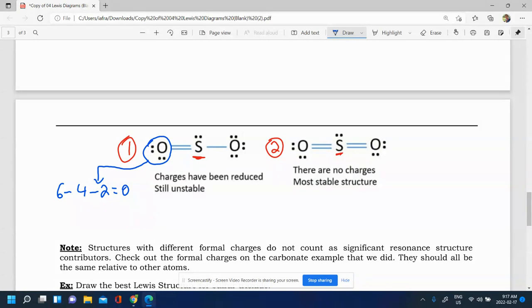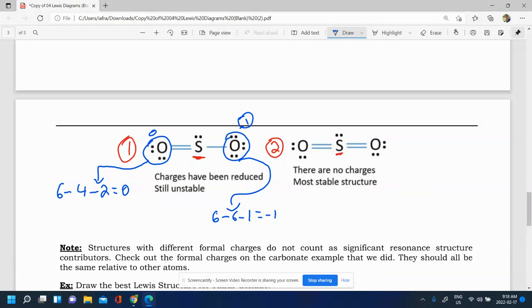Let's calculate the formal charge of the oxygen over here. I'm going to put 0 up here for the formal charge. We do the same idea here: 6 valence electrons normally, and right now in the molecule there are 6 dots around it, so minus 6. And there's 1 line connected to it, so minus 1. That gives us an overall formal charge of minus 1. So this oxygen has a formal charge of minus 1.